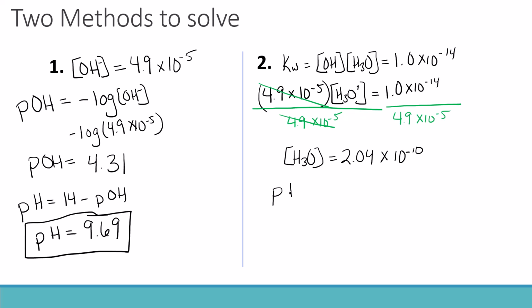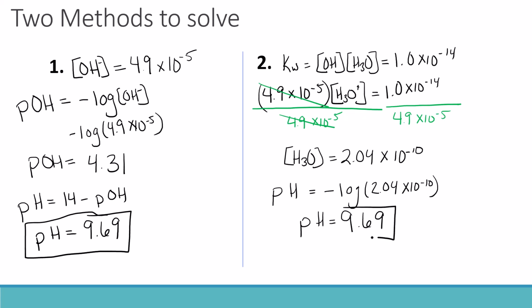And then pH equals the negative log of that. pH equals negative log 2.04 times 10 to the negative 10th, and we get 9.69. So two paths to get to the exact same answer.